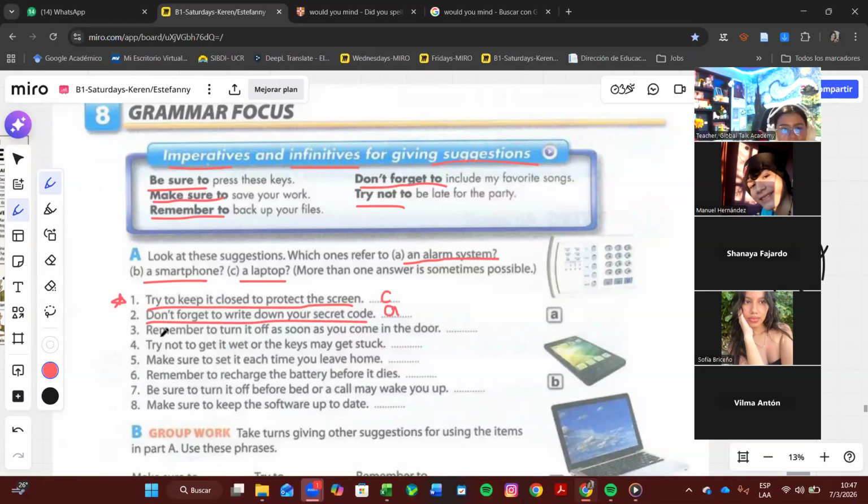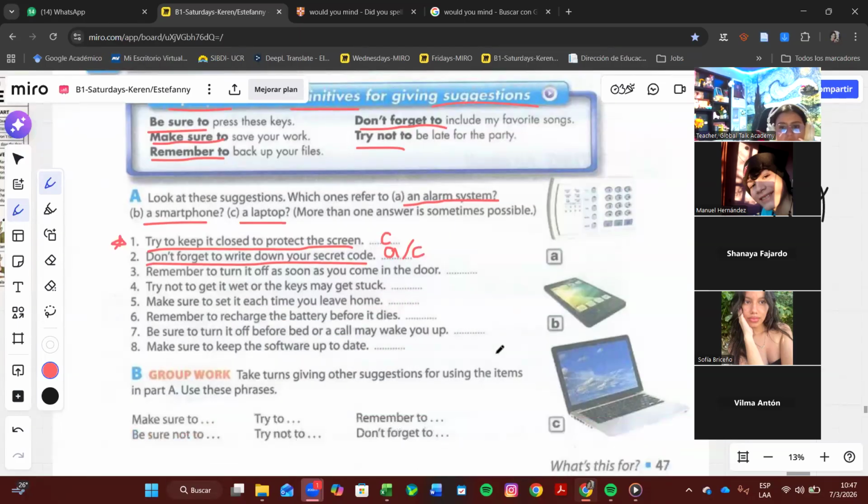Then we have the third one. Remember to turn it off as soon as you come in the door. So Christopher, what do you think? Are you there? About this third one. The third one, the C, right? The laptop.